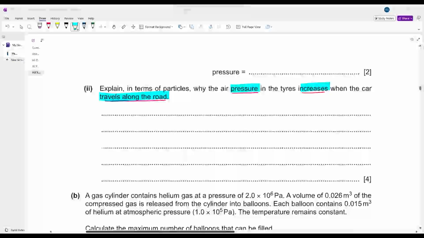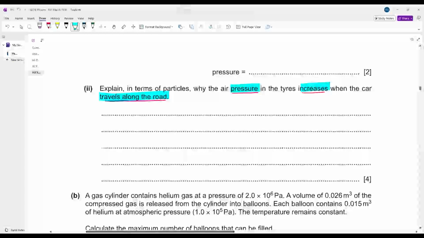This friction causes the temperature of the air inside the tire to increase. This causes the particles of air inside the tire to move faster. As the particles move faster, the collision frequency with the walls of the tire increases. As the collision frequency increases, the force on the tire wall increases. As the force on the tire wall increases, the pressure increases.